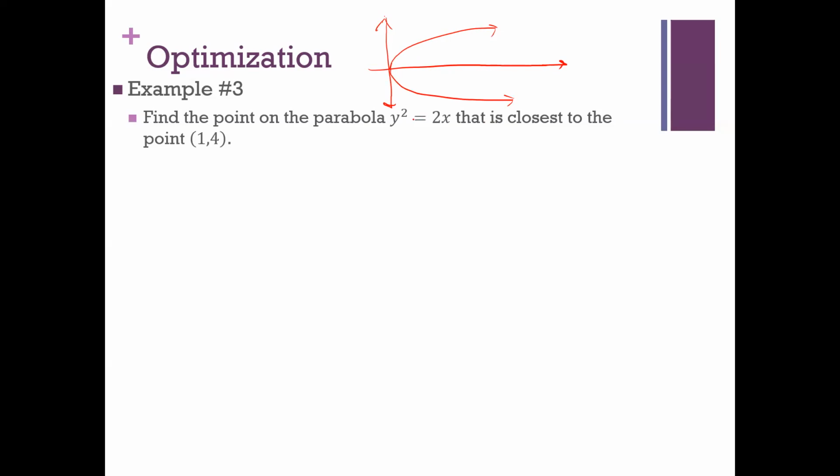For example, I know the point 1, 1 is on this parabola, right? You can plug those things in and verify. I'm trying to find out how far I am from this point 1, 4. So I already know that my distance is going to be at most 3, right? There might be something closer.